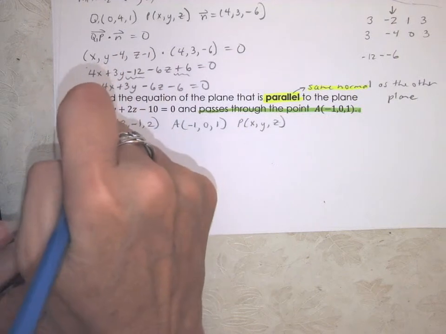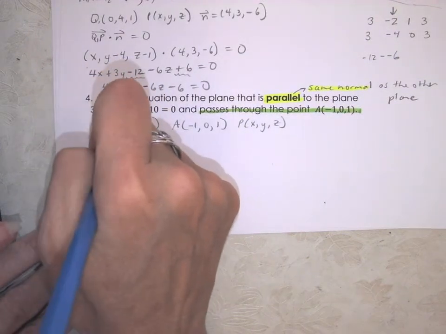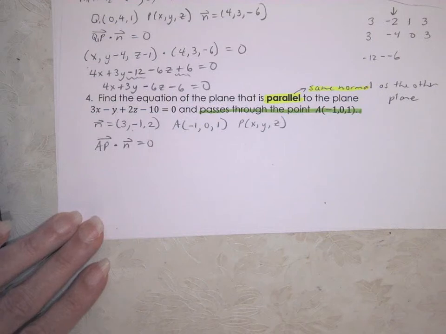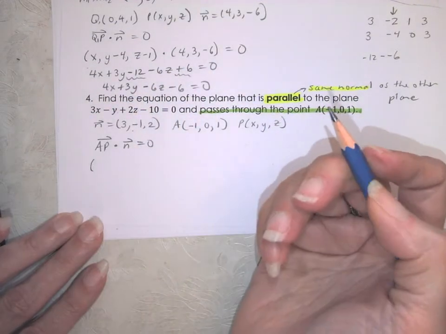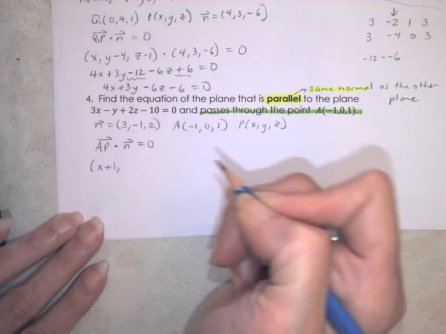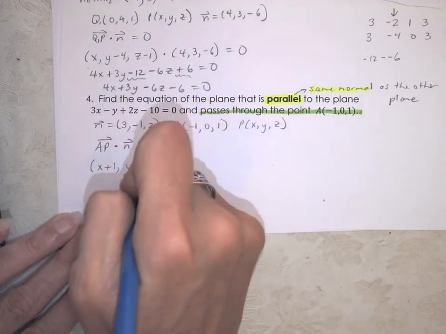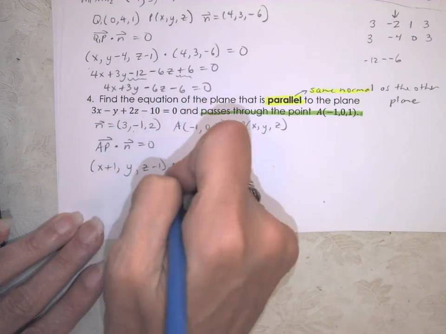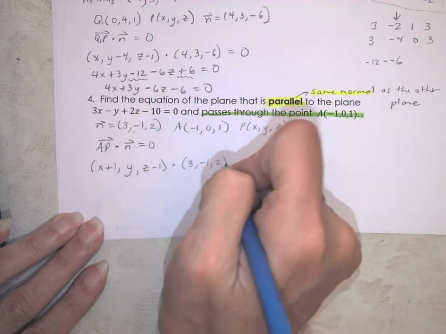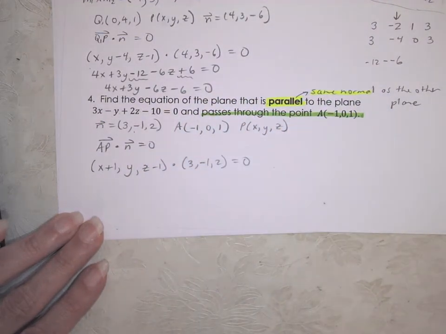So I can make vector AP and dot it with the normal, and I'll end up with 0 because they're perpendicular. So vector AP is P minus A, so that's going to be x plus 1, y, z minus 1, dotted with 3, negative 1, 2 is equal to 0.